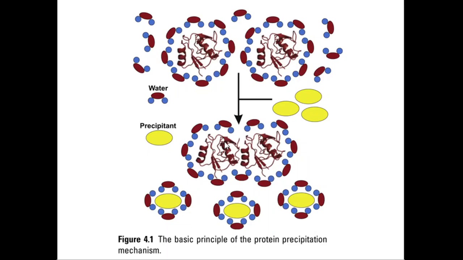At some threshold concentration of the salt, which, as I said in the beginning, depends on the nature and concentration of the salt being used, the protein molecules aggregate and easily come out of the solution. This is referred to as salting out of proteins.